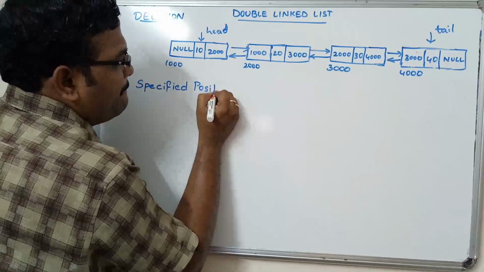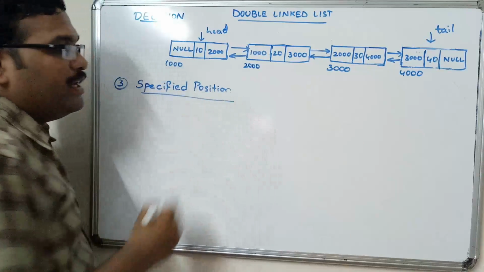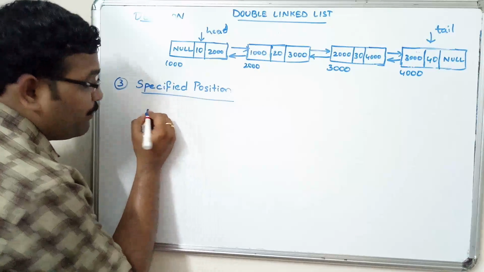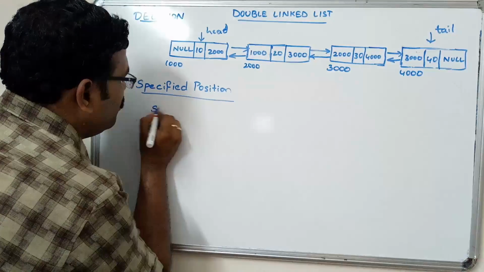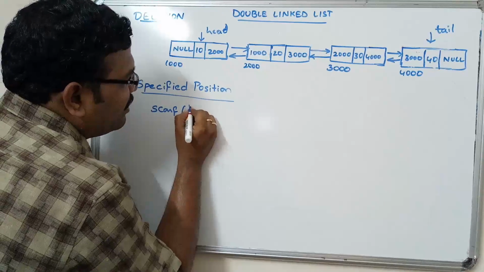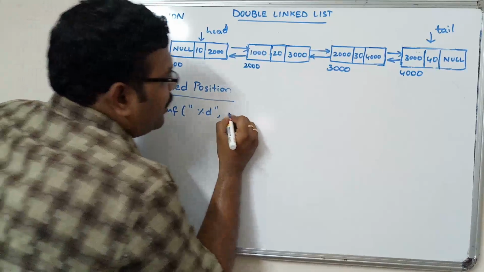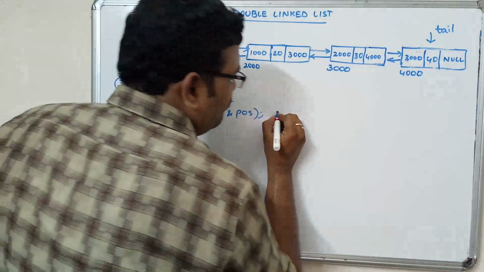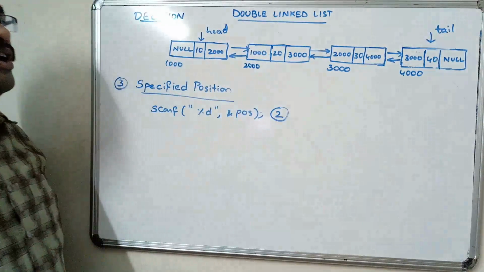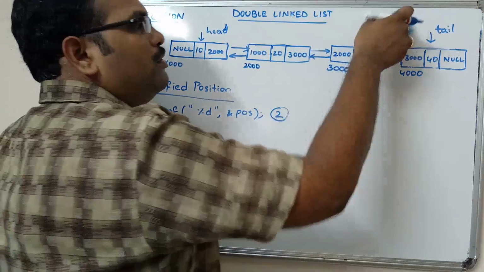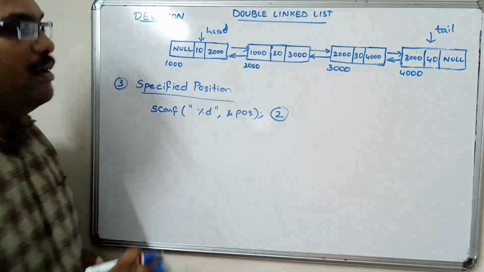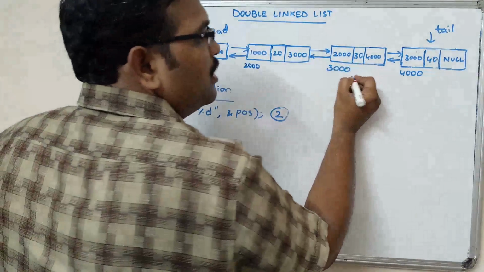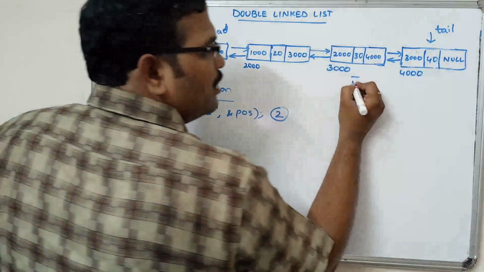So here we need to take a value, that means we have to read a value for position, from where we have to delete the element. So we have to write the first statement, scanf %d ampersand position. So here we have to take input as position, let it be 2 as usual. So in all the cases we are going with the 2, right? So let us take 2 itself. So 2, second position means 0th position, first position, second position. So this position should be deleted.